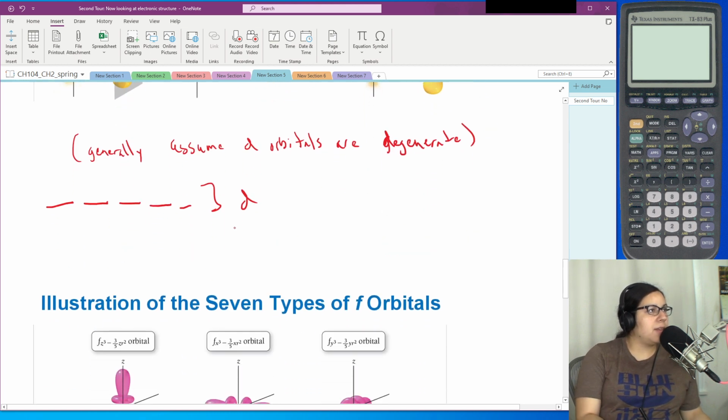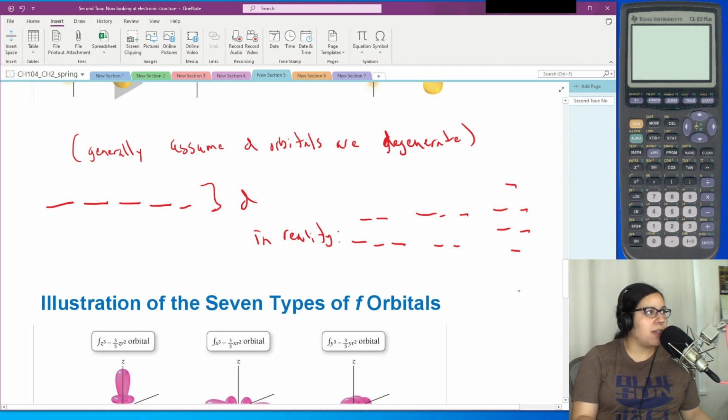But in reality, they actually do all sorts of funny things. So they could be like that. These are just kind of the most common arrangements, and I'm sure I'm missing a ton more. Basically, they can take any sort of configurations, but notice how they're not degenerate in reality.